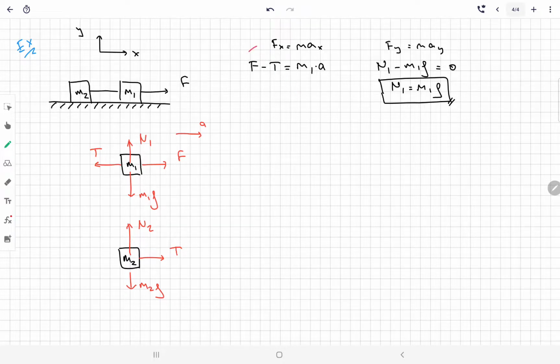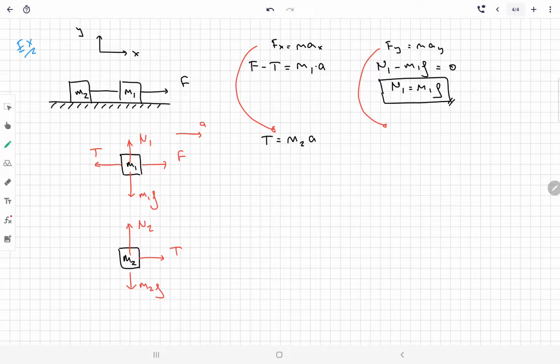So let me apply the same equations in both directions. The resultant force in the x direction, only T we have, equals its own mass times acceleration. Acceleration for both objects will be the same because of the rope.